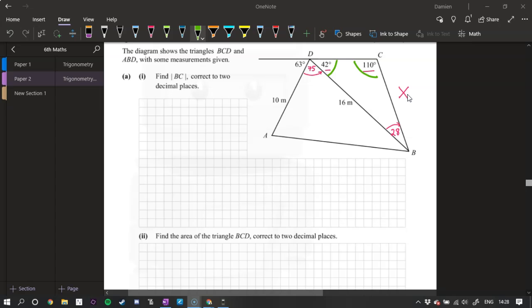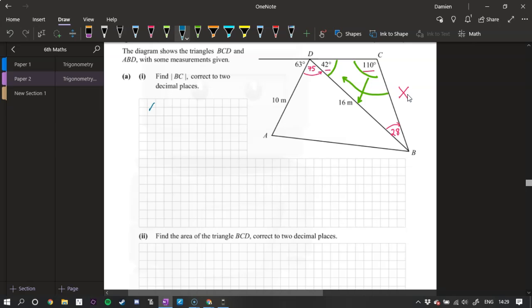In this example, x is the side we're trying to find, and 42 is the angle opposite that side. It's a little bit difficult to see, but we do have it. We also have 110 degrees, and the side opposite it, which is 16 meters. So we have everything that we need to work out our sine rule.